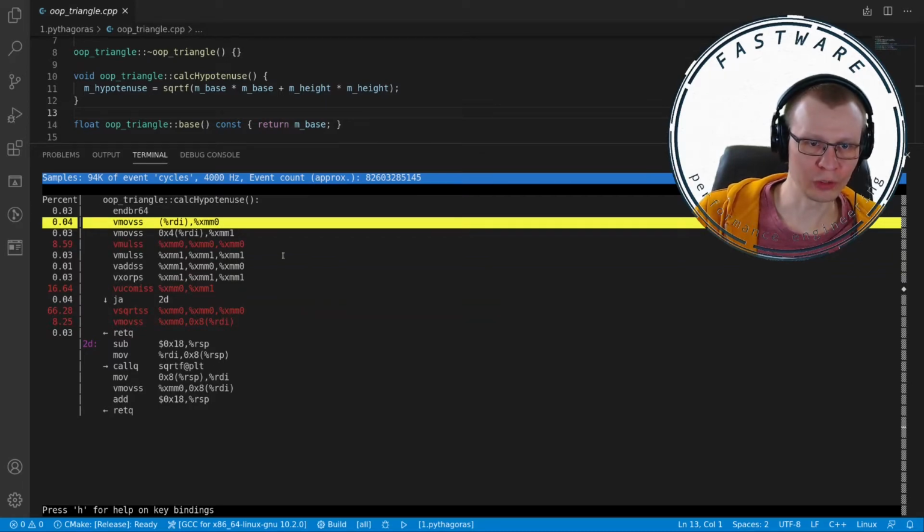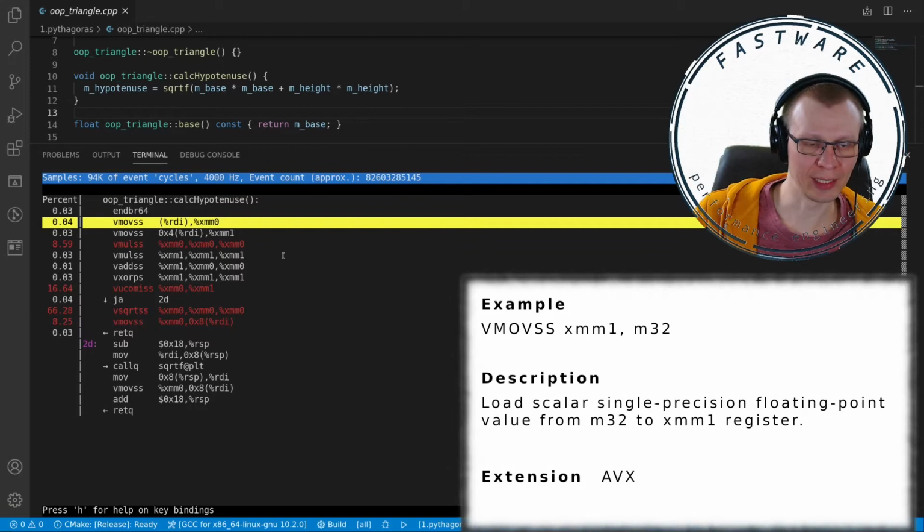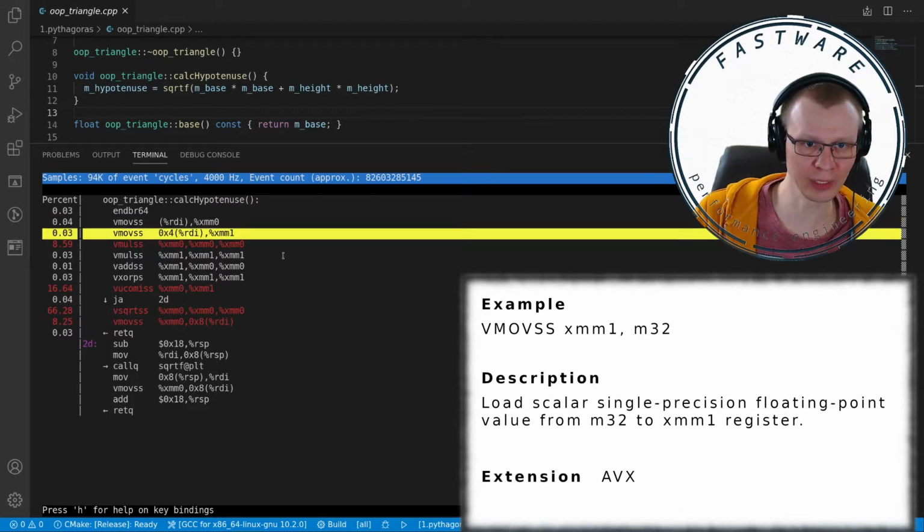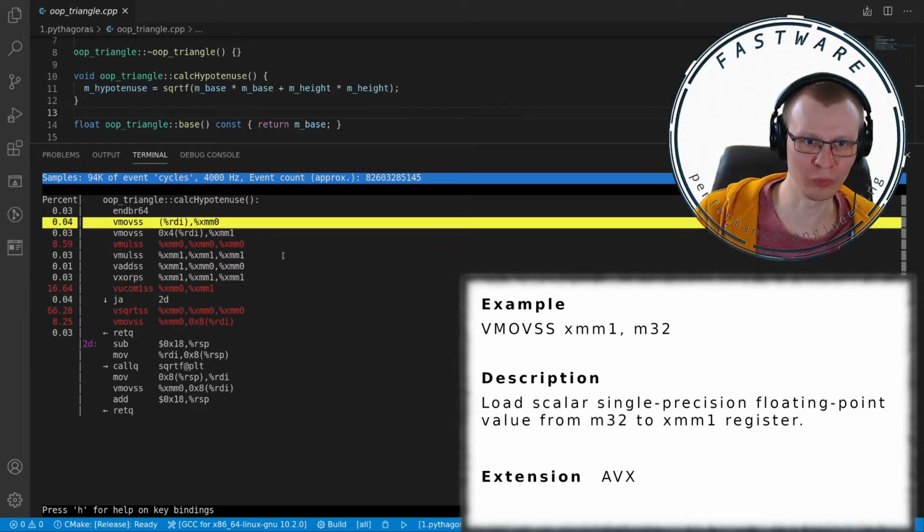The instruction vmovss stands for vector move single precision value. So this is moving one float from the RDI register into the XMM0 register. And the second instruction takes an offset of RDI, which is a pointer, this, in this example. So here it is moving your base.